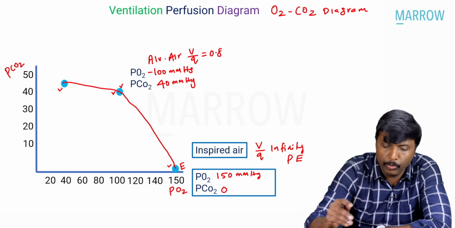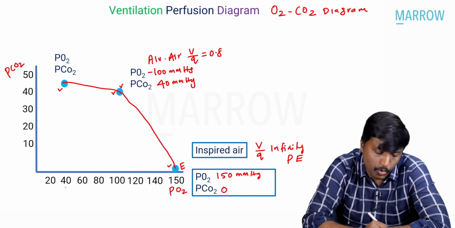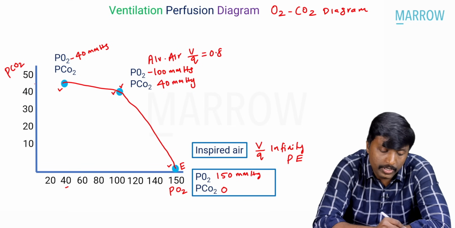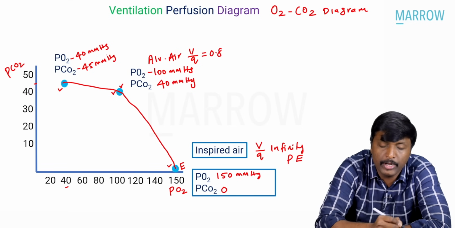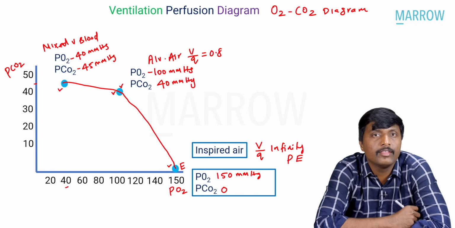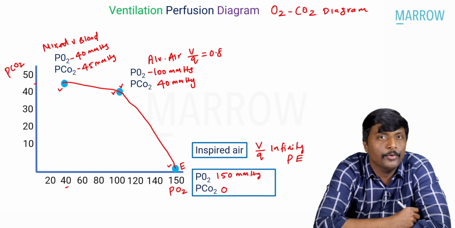Now look into this point. Look for the PO2 and PCO2. Here the PO2 is around 40 millimeters of mercury. PCO2 is how much? Around 45 millimeters of mercury. This corresponds to my mixed venous blood. Here the blood is there, but there is no air flow.